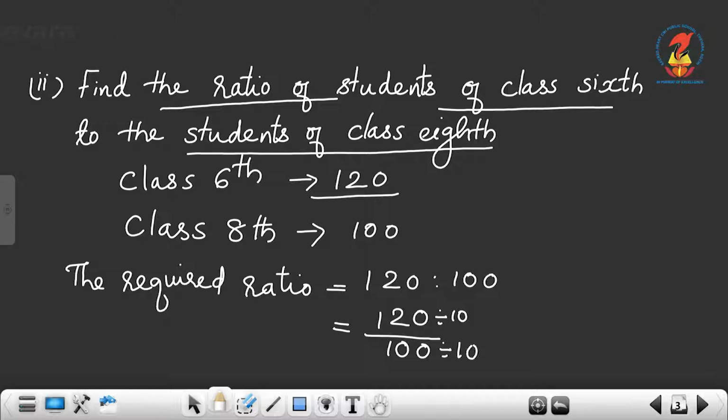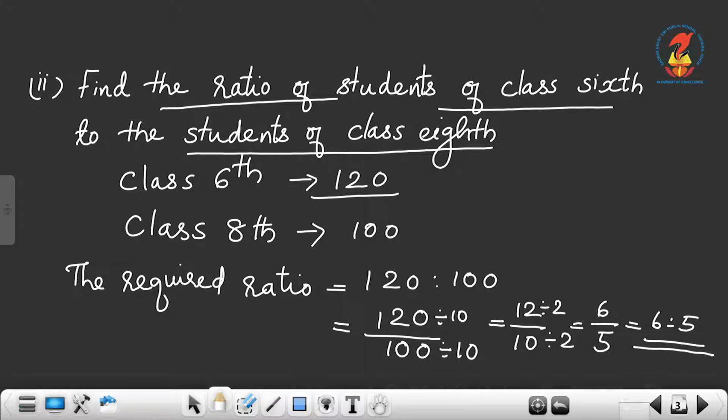We can divide both numerator and denominator by 10, so we get 12 by 10. Again, the common factor for 12 and 10 is 2, dividing by 2 we get 6 by 5, which is equal to 6 is to 5. Therefore, the required ratio is equal to 6:5.